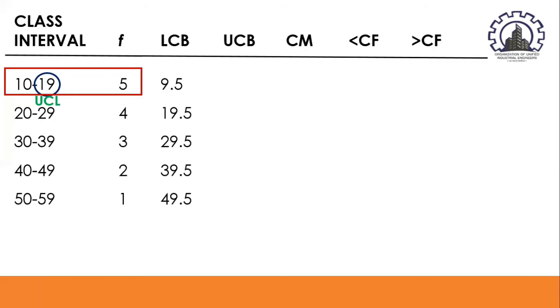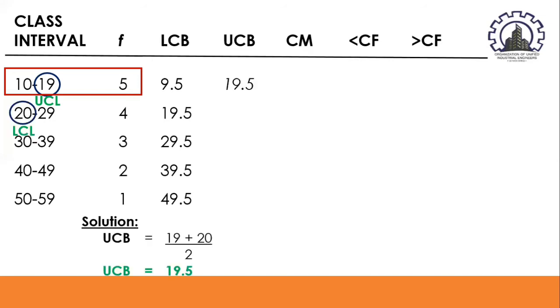Take note, 19 again is your upper class limit of the class, and 20 is the lower class limit of the next class. So in calculating the UCB of the first class, you have 19 plus 20 divided by 2, so that's 19.5.